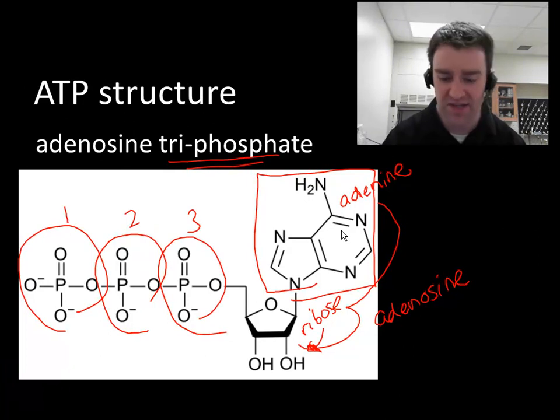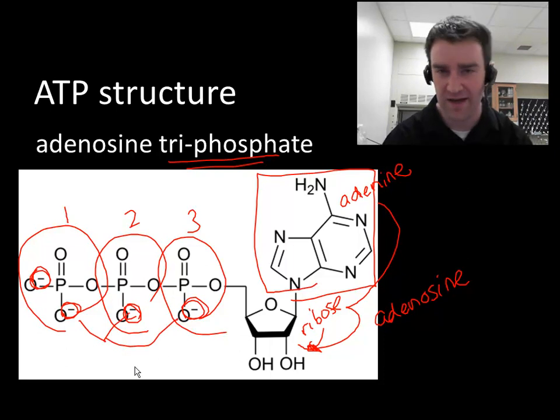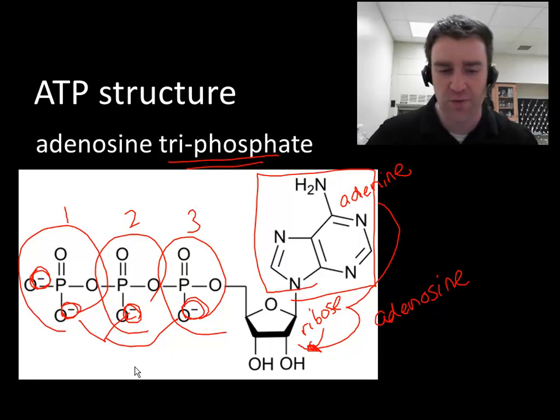So that's the overall molecule, and the functional part of the molecule is really in the phosphates. And the reason why it's functional is I want you to notice all these negative charges in the oxygens that are very clustered together. Negative things do not want to be clustered together. Negative things repel.